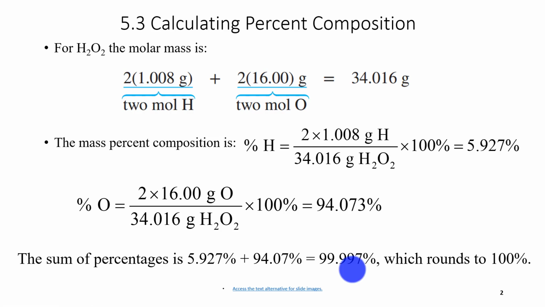They make a whole, right? The sum of these two equals the total, and the total is 100%. It's 99.997, which rounds to 100%, and that's what I have to be within. So I could have also calculated the oxygen percentage by taking 100% minus the percentage of the hydrogen to give me the oxygen.